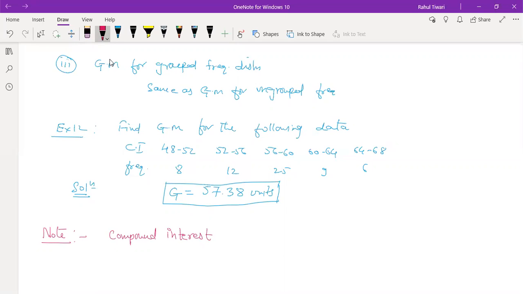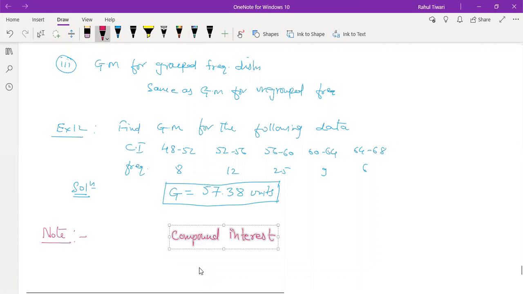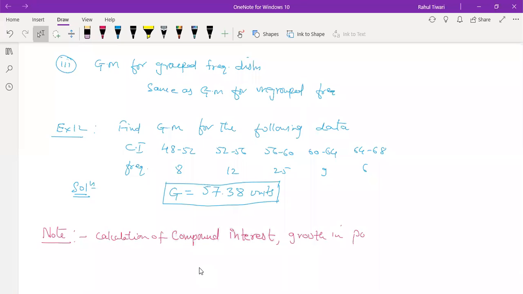I can write: calculation of compound interest. And maybe you can use it for the growth in the population. So when there is a growth in the population, one may use geometric mean.